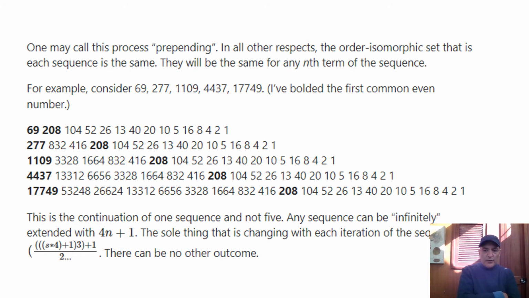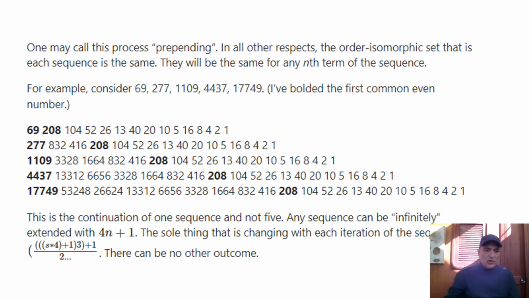So I think of this process as prepending of even numbers and one odd number at the beginning. In all other respects, the order isomorphic set, that is each sequence, is the same. They will be the same for any nth term of the sequence. Now, for example, consider 69 multiplied by 4 plus 1, 277, multiply that by 4 plus 1, 1109, and so on, 4437, 17749.